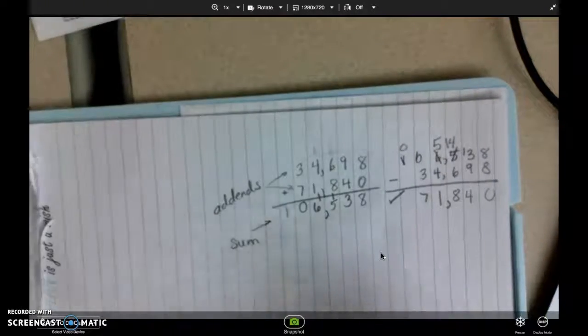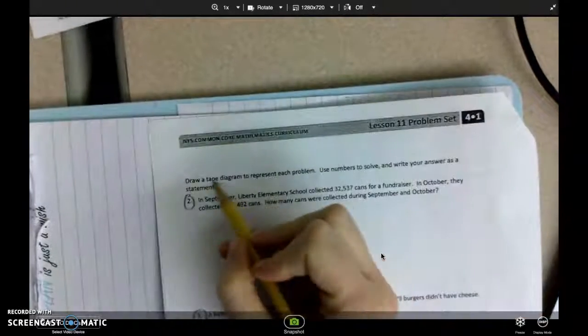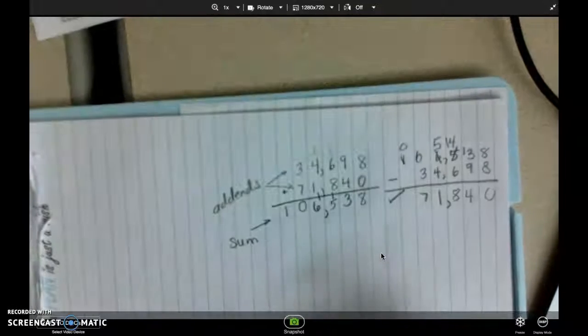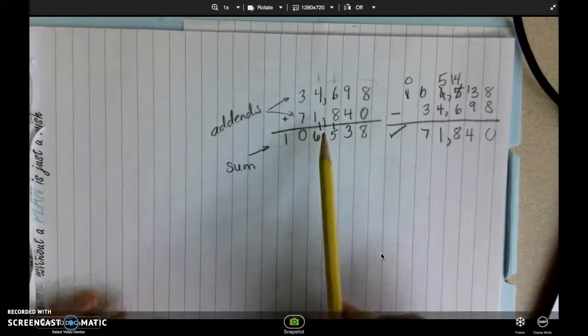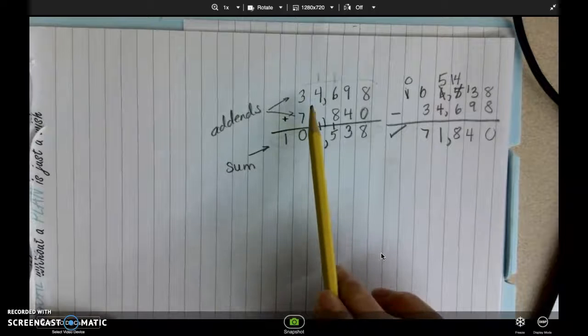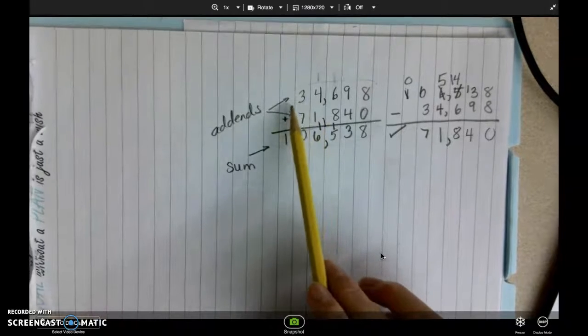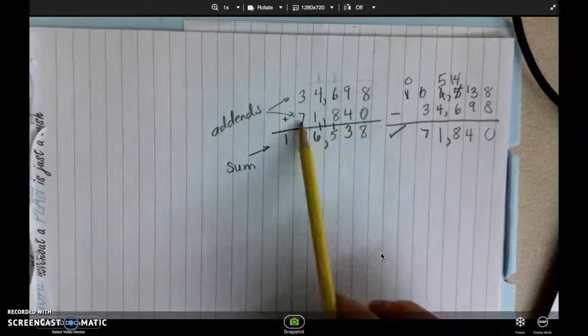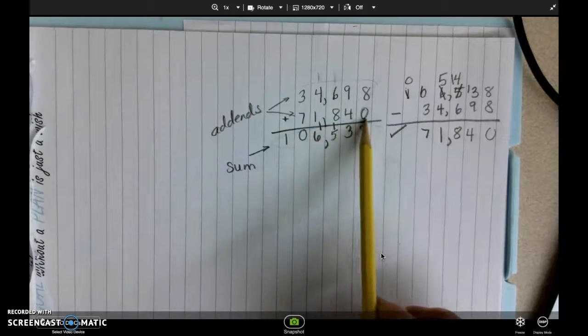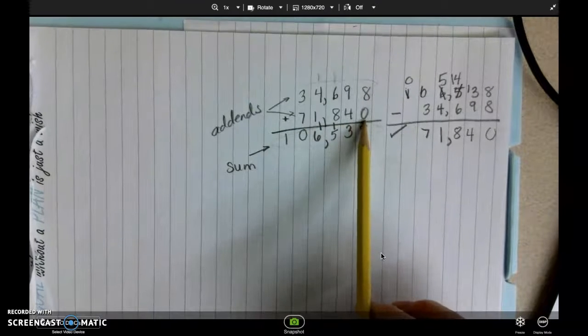Now when we use a tape diagram, because this section is asking you to use a tape diagram, let me show you what that would look like for this particular problem. I'm going to pretend that these are 34,698 bumblebees and 71,840 ants out in my yard.